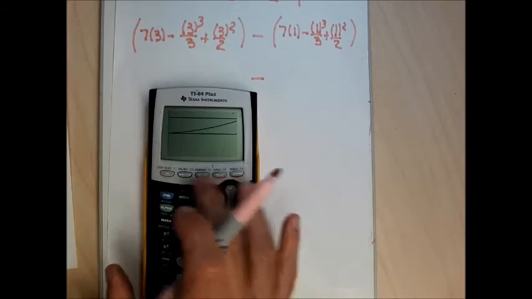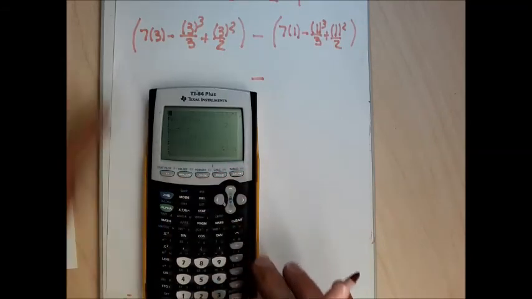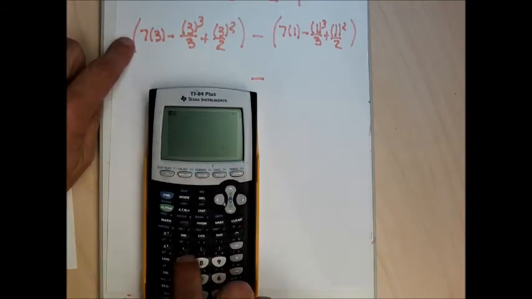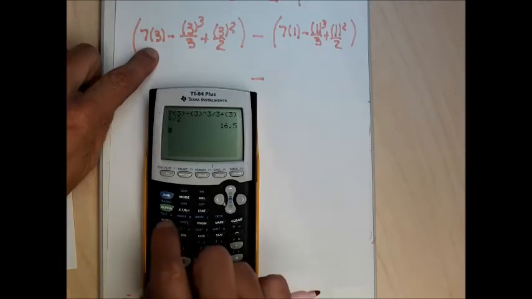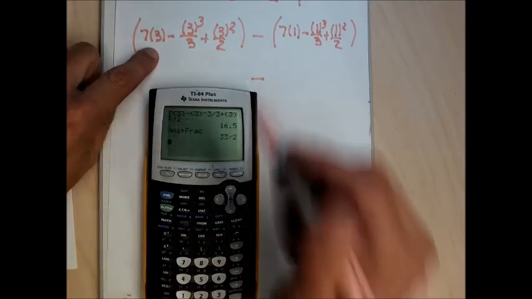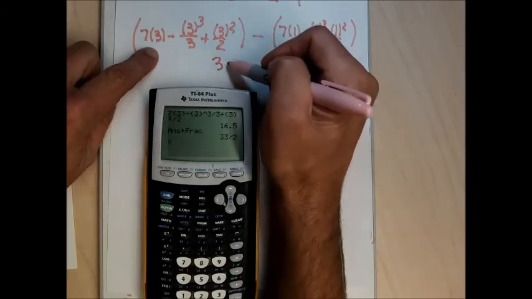Completely calculator worthy, so let me go to the main screen of my calculator and do this side first. So 7 parentheses 3 minus 3 cubed divided by 3 plus 3 squared divided by 2. Math, enter, enter. This side comes out to 33 over 2.